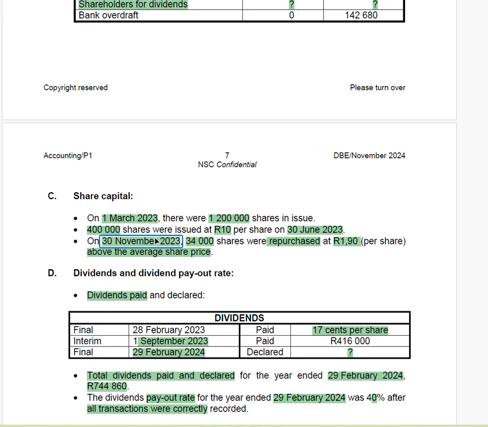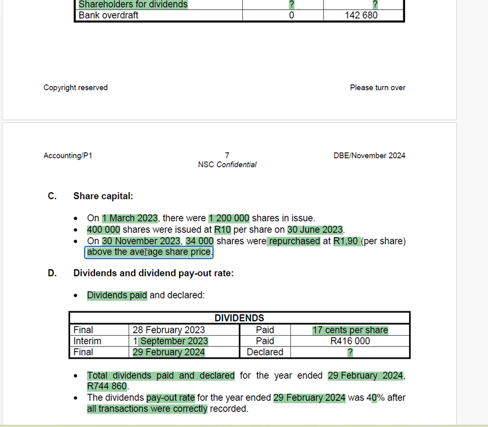Then if I go down, we get information that in November 2023, 34 shares were repurchased at 1.9 per share above the average share price. So what is important when you see above average share price? It means that the actual amount for share repurchase is the average share price, which you would need to ascertain.